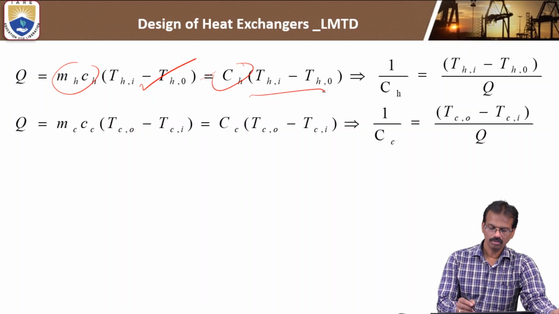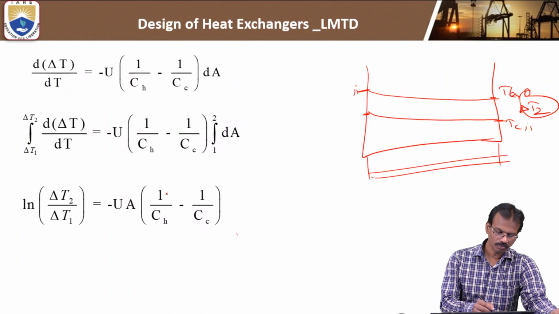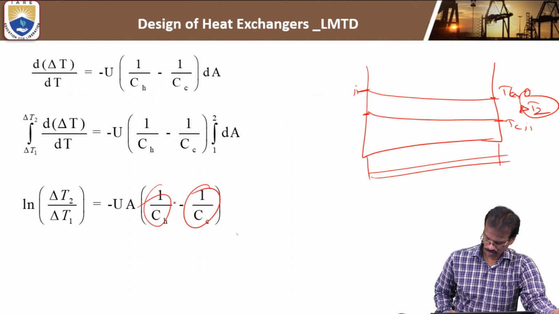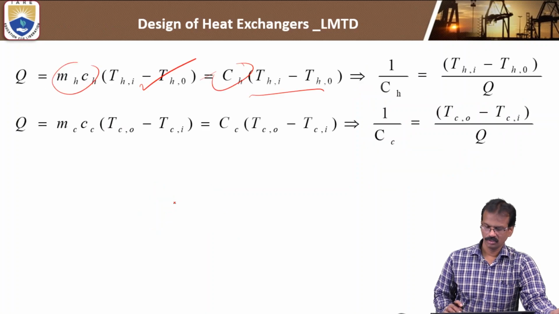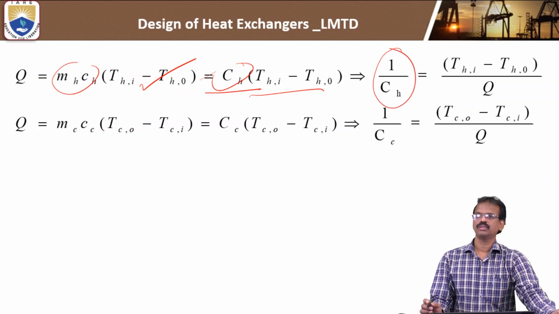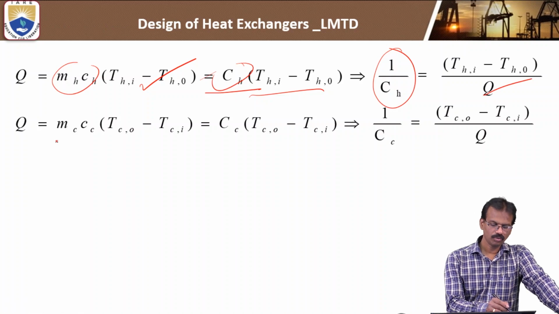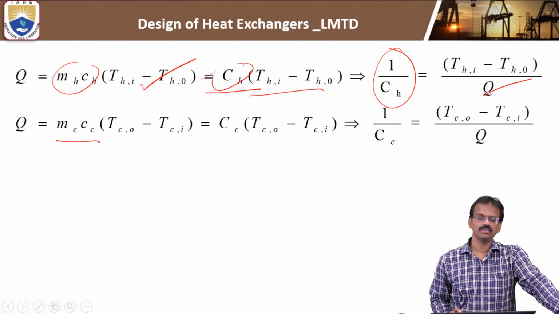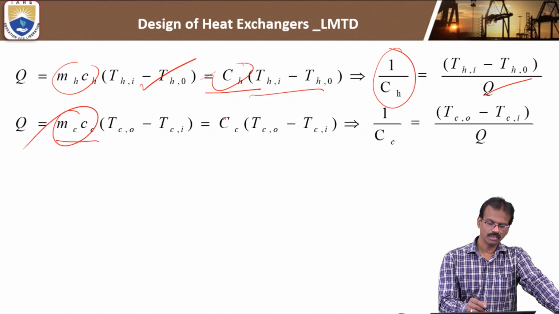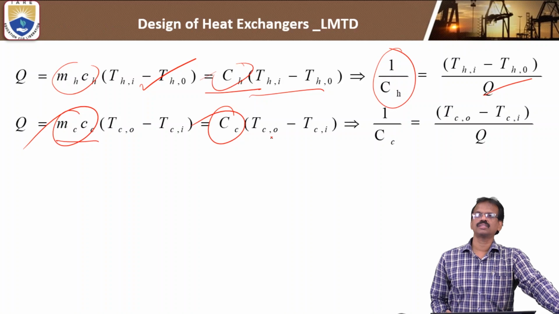Okay. So according to this formula, we require 1 by Ch and 1 by Cc. Then you can rewrite like this one. 1 by Ch is equal to hot fluid inlet minus hot fluid outlet by Q. Similarly, for the cold fluid, mc Cc into TCo minus TCi. So mc Cc is nothing but capital Cc, the specific heat of the cold fluid, into TCo minus TCi.